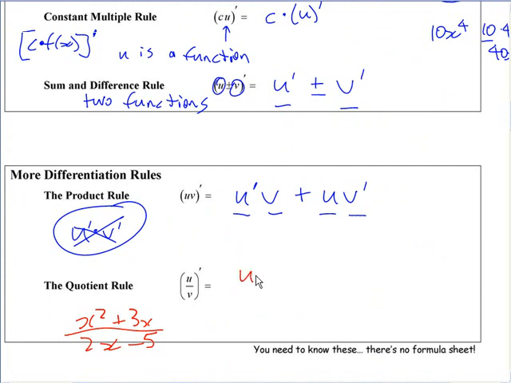It is the derivative of the first one times the second minus the first one times the derivative of the second, all divided by the bottom function squared. Nice rule, eh? You could go back to the graph that we looked at and look at individual values and see that it works out that way, right?